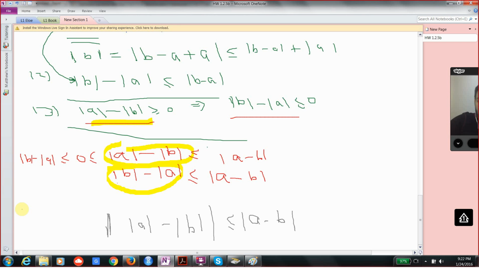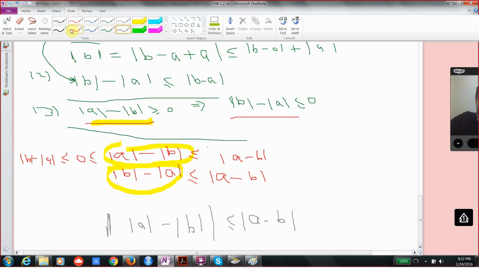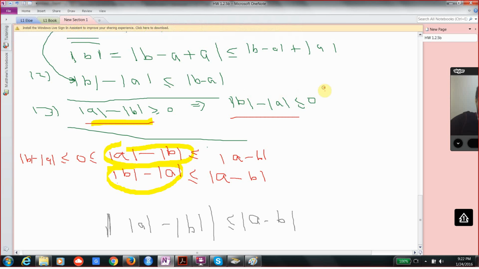So let's go ahead and suppose, how would we prove the opposite side? Well, we have to start off supposing that the absolute value of B minus A is greater than or equal to 0. So the other case we have to prove here, but it's really the same thing when you think about it. Here we just assume that the absolute value of B minus the absolute value of A is greater than 0.